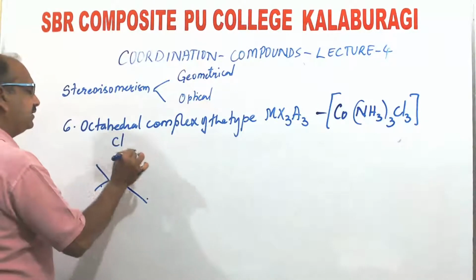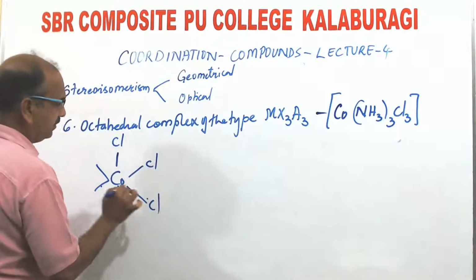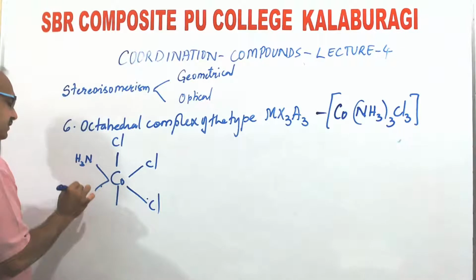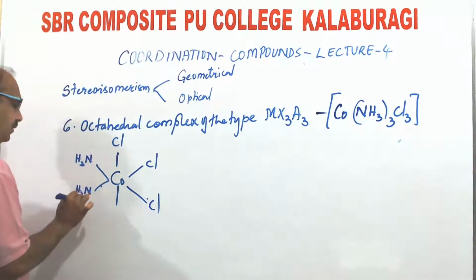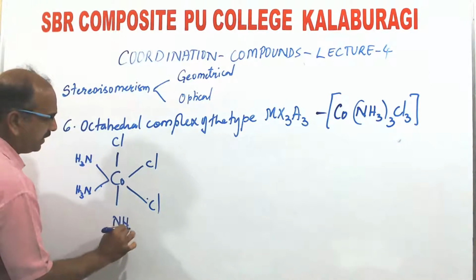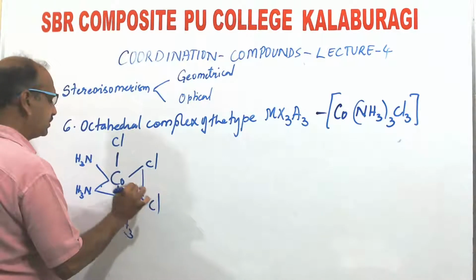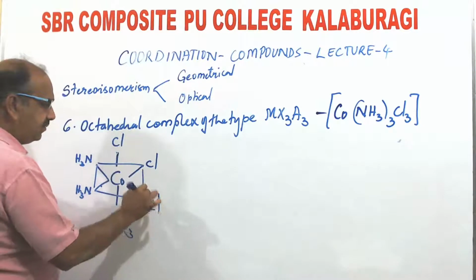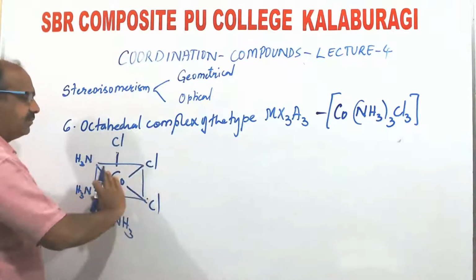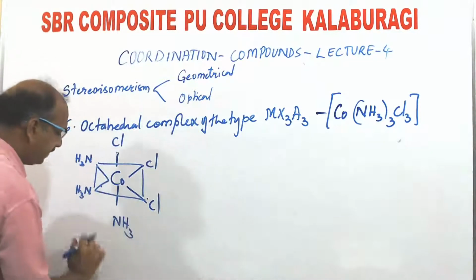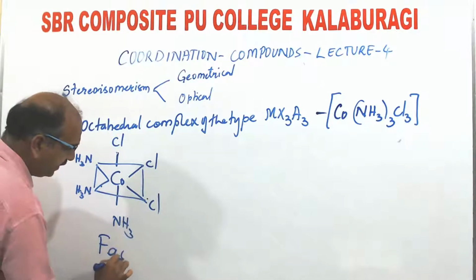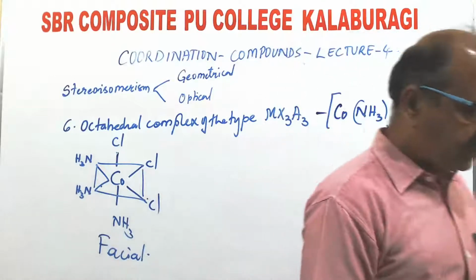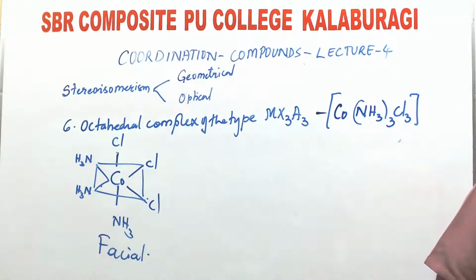If the chlorine is on one face, and the ammonia is on the other face, with a square at the base, one portion becomes one face and this is another face. This is called facial isomerism, the facial isomer.